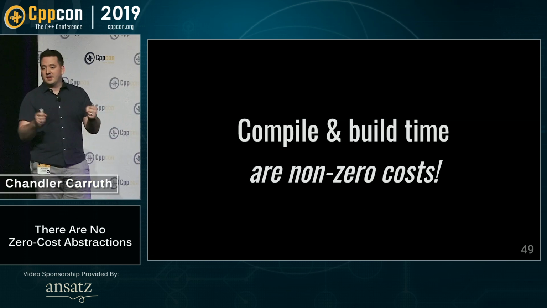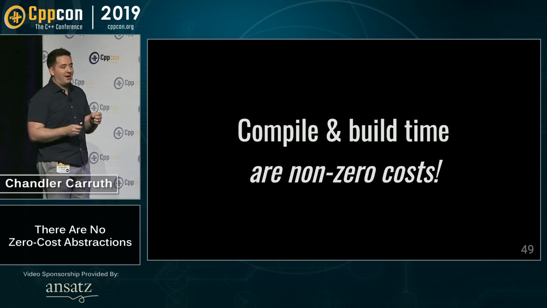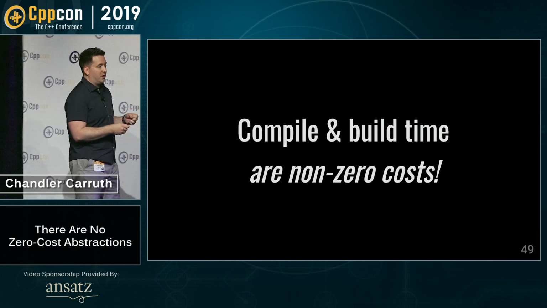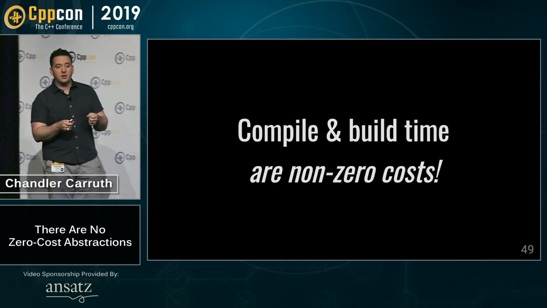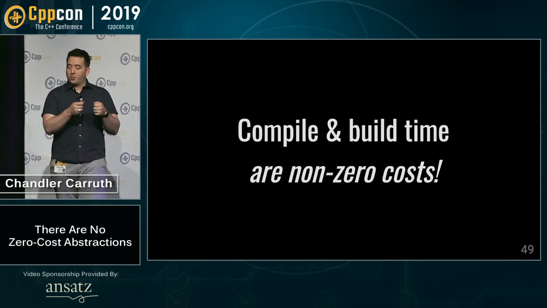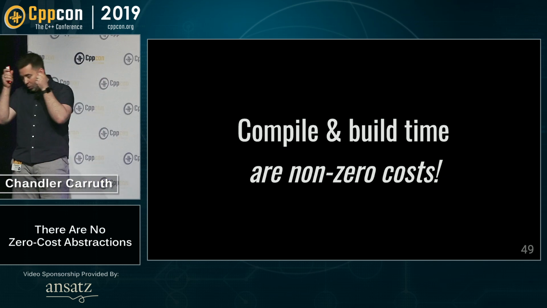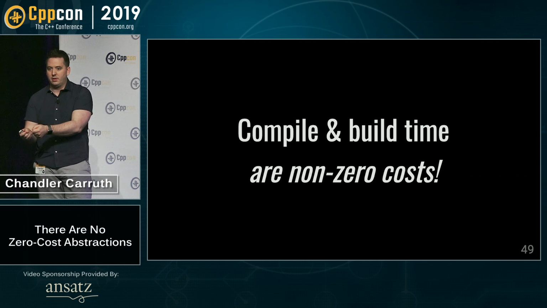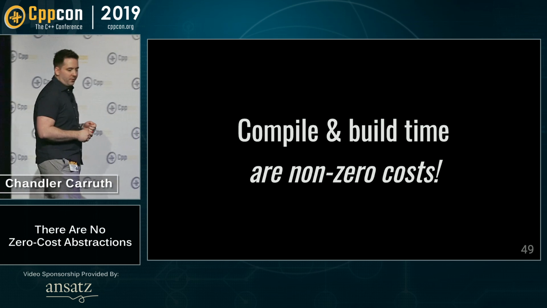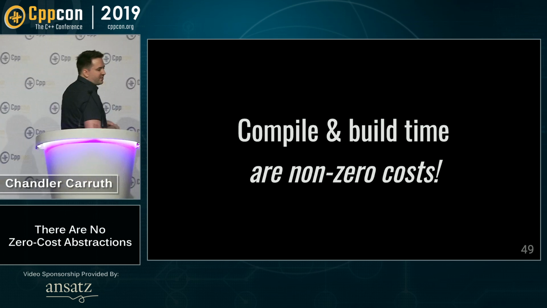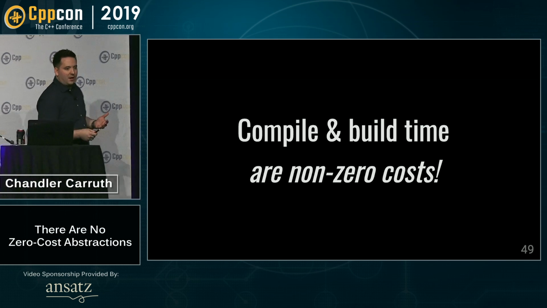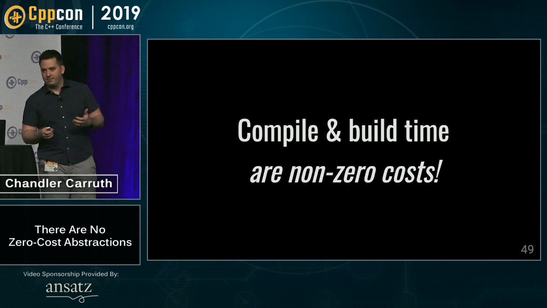And so I can't emphasize this enough. Compile and build time are non-zero costs. We have been in a real situation where we had to choose between improving runtime performance or not building our software, okay? This is an important thing to realize. So that's my first story of a surprise abstraction cost.